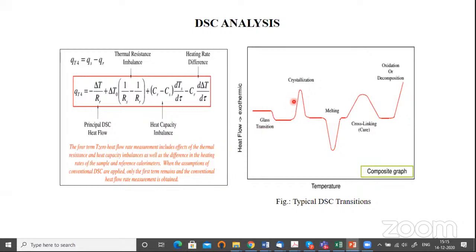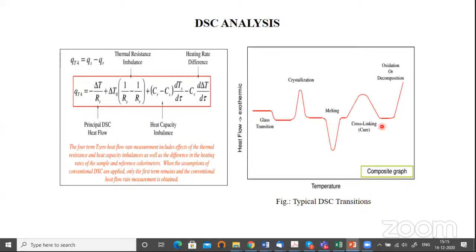First one is the glass transition, second one is the crystallization. Before actual melting of the phase change material, which is in the solid state, it passes through this glass transition and crystallization. Once it reaches the melting stage, it goes further and forms the cross linking, and then if you continue heating, decomposition happens.